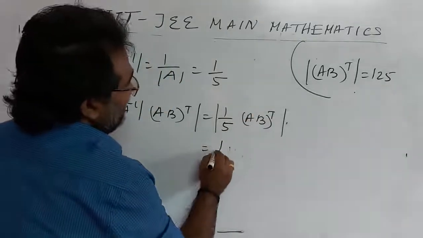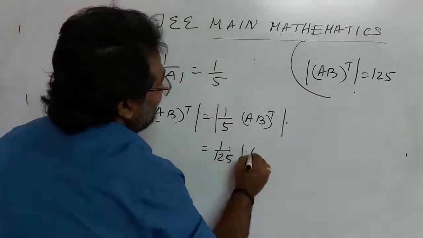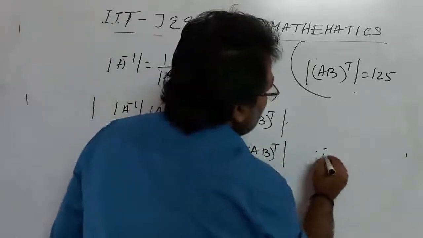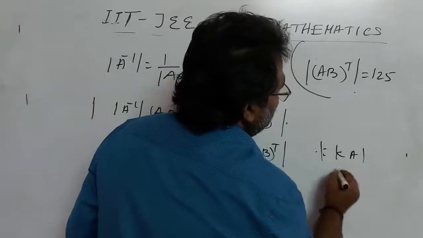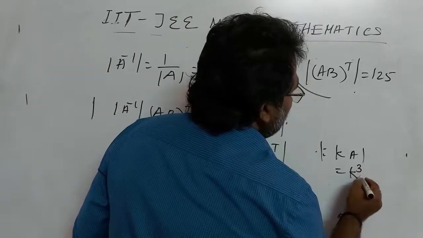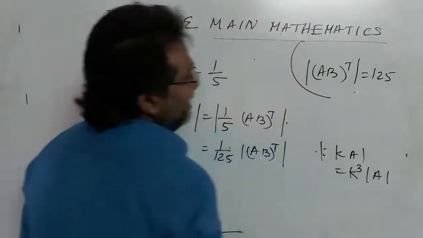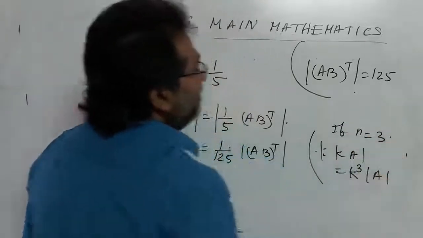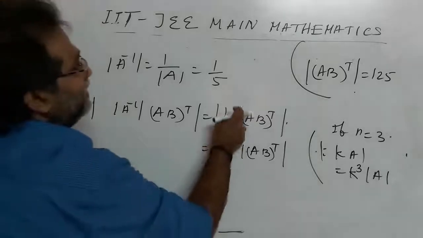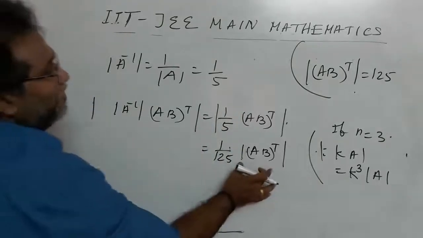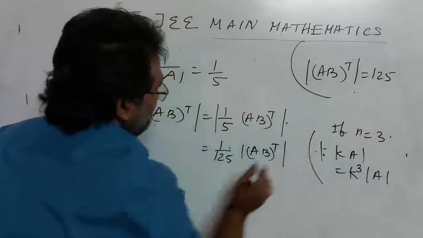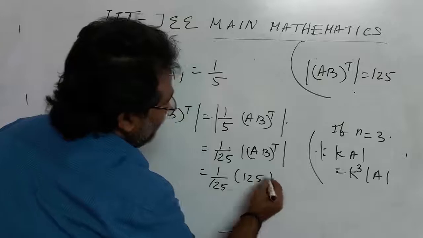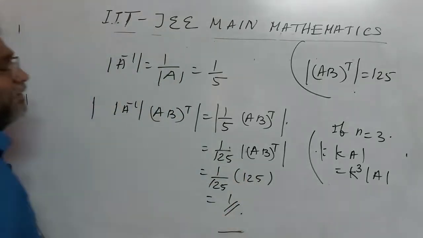So this can be written as 1 by 125 determinant AB transpose, since determinant Ka equal to K cube determinant A if n equal to 3. We have found the result of this already, that is 125. 1 by 125 into 125 is equal to 1.